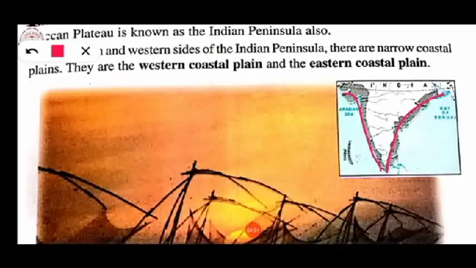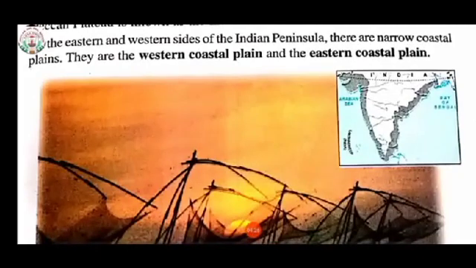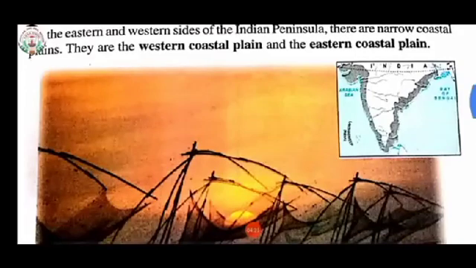Here you can see the narrow coastal plain, this black part. This is your western coastal plain and this is your eastern coastal plain. Like the ghats we studied in the previous lesson, the ghats on the east and west are known as the Eastern and the Western Ghats. Similarly, the coastal plains on the east and the west side are known as the eastern coastal plain and the western coastal plain.